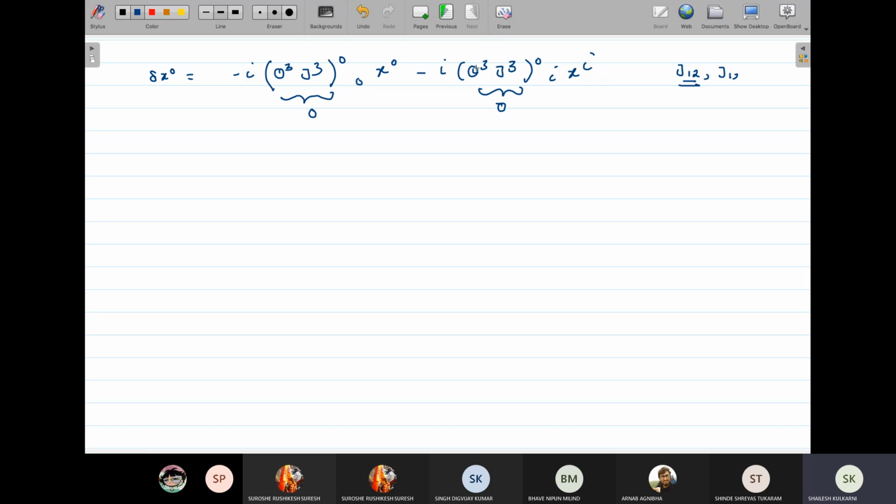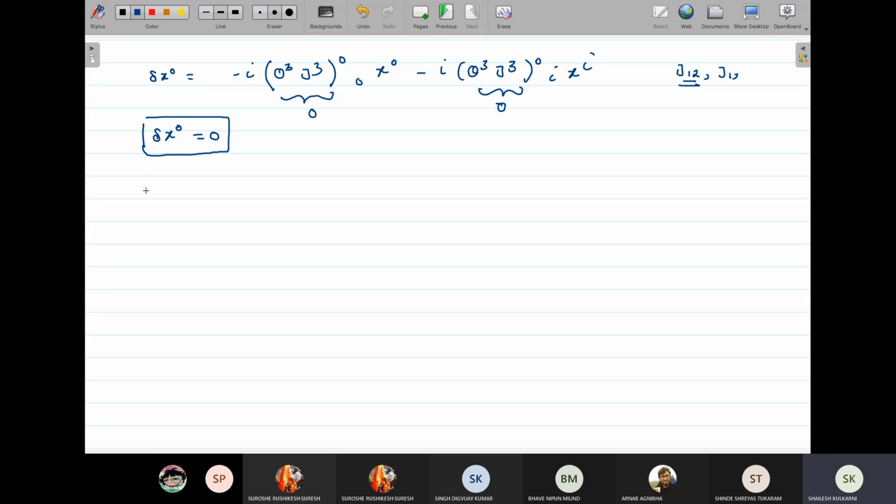The form of matrix J3 is such that the 0 0 entry is 0 and 0 i is 0 again. So I will get 0. That is expected because under rotation x0 is not going to change.